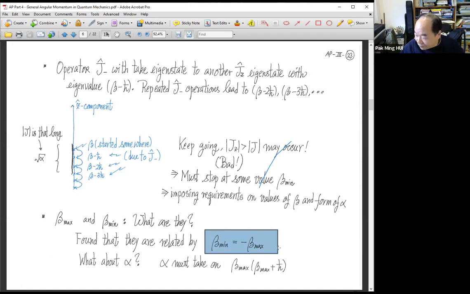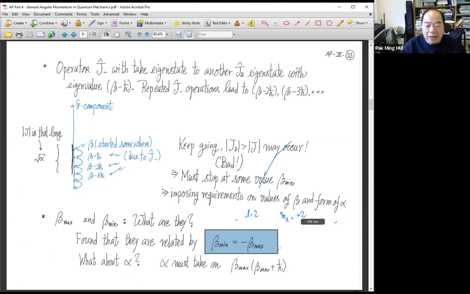Let me see. What you see is the following. For L equals 2, the maximum ML is +2.